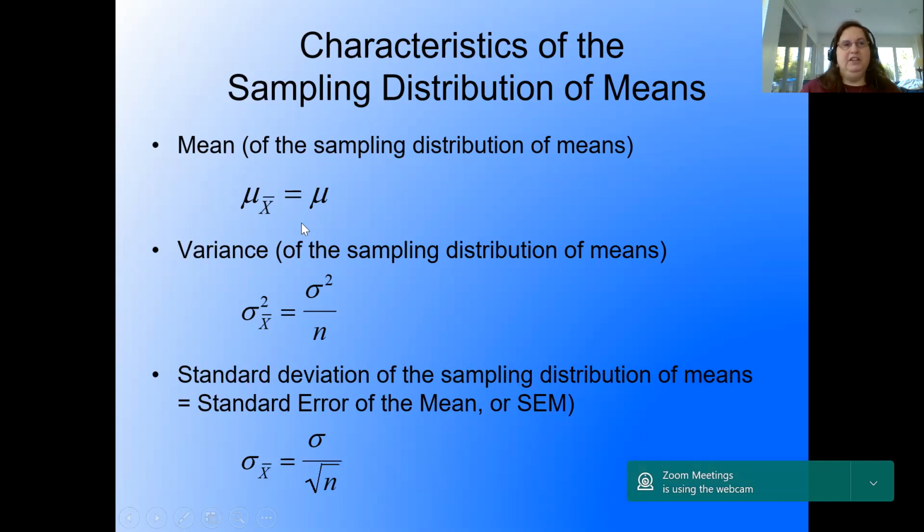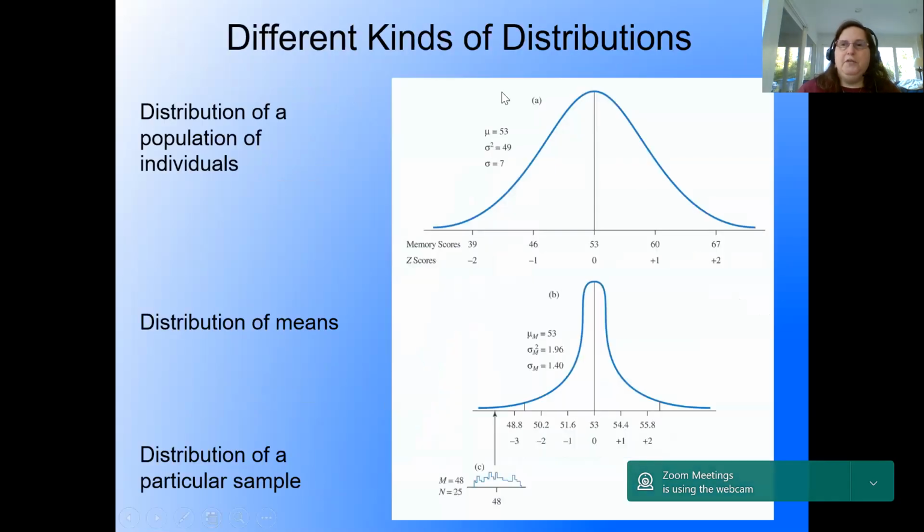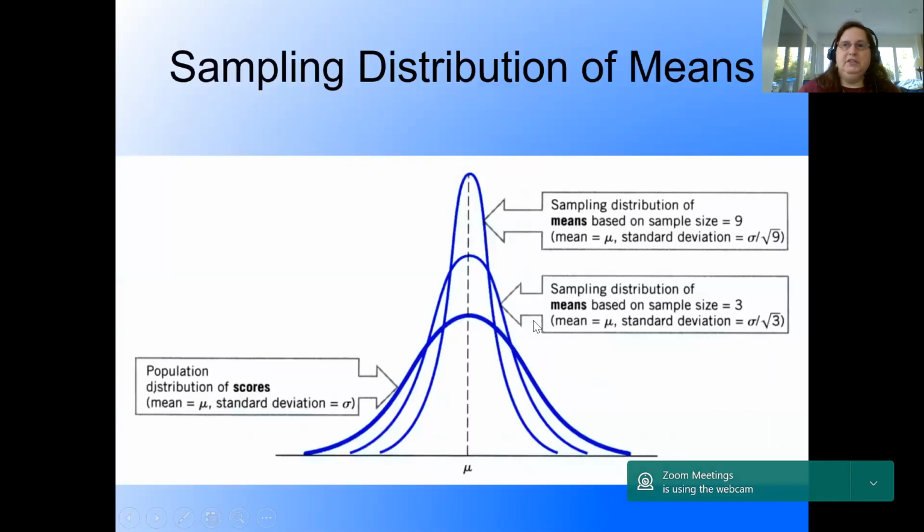The mean, the mu of X bar, of the sampling distribution of means equals just our population mean. As easy as that. We don't have to do any math here. Just have to know the population mean, copy it over. That's the mean of the sampling distribution of means. Just like in the previous slide, the 53 here matched the 53 in the distribution of means.